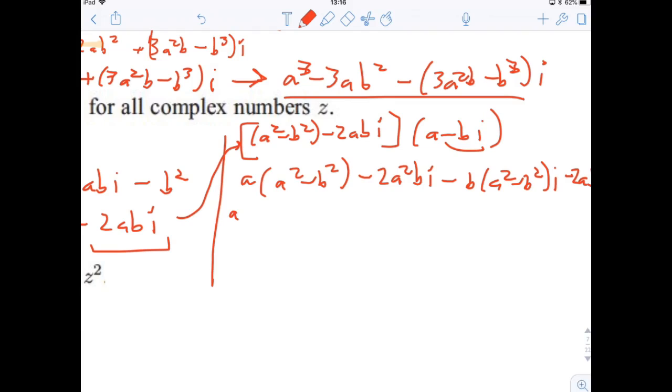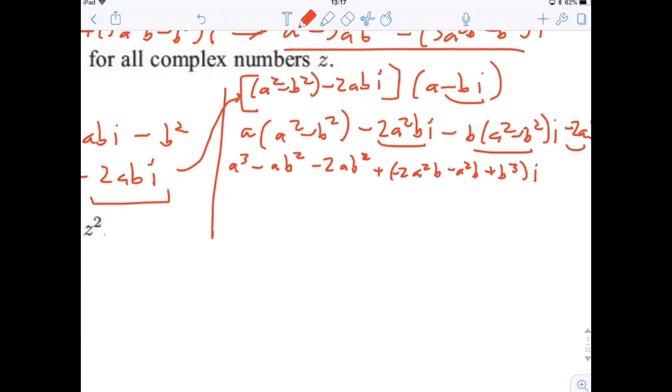Now let's multiply everything out. So we have a cubed minus ab squared, and then we'll put the other real term, minus 2ab squared, and then put the imaginary terms, which would be minus 2a squared b minus a squared b plus b cubed i.